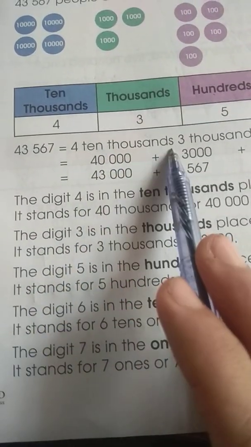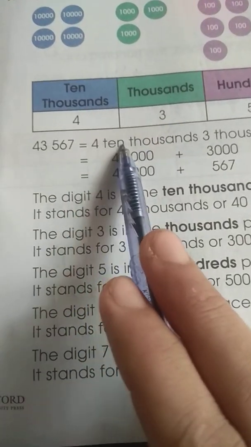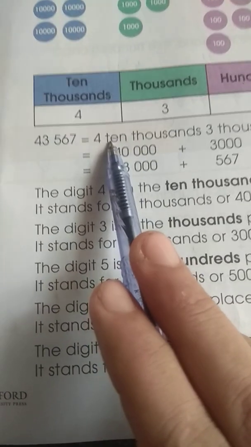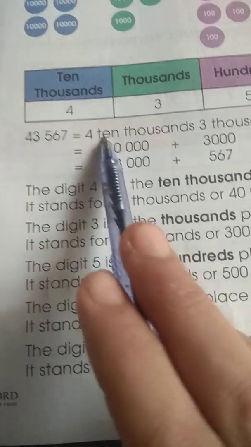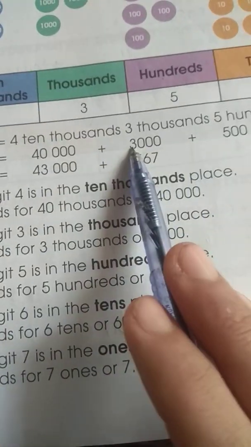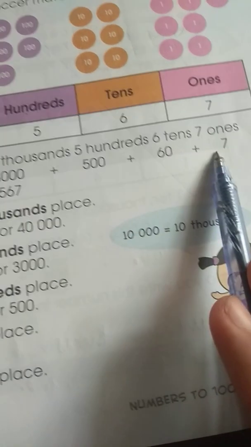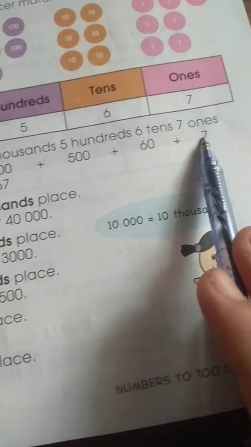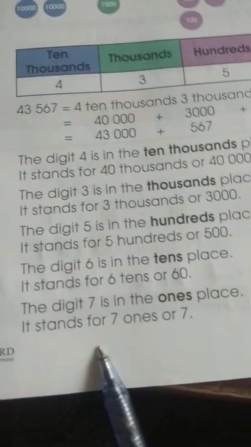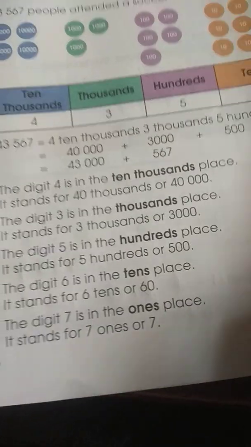Remember, whenever they talk about 1,000, 3 zeros are there, and 10 has 1 zero, so they write 4, then 0 for the 10, and then the 3 zeros for the 1,000. Here the 3,000, so they write 3 and then 3 zeros, and then of course 5, then 200, and then 6, then 10, and of course after 7 no zeros are there, because this is the position of ones. So in this way you are mentioning the position of the numbers given in the place value. All right.